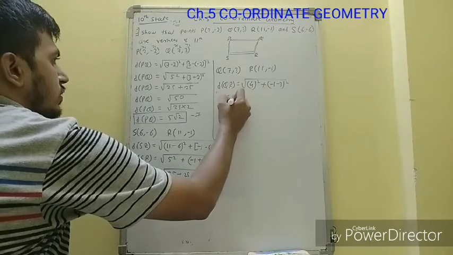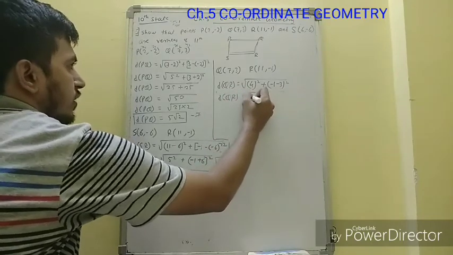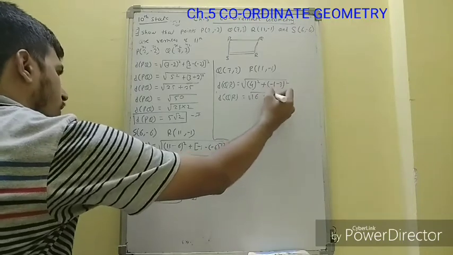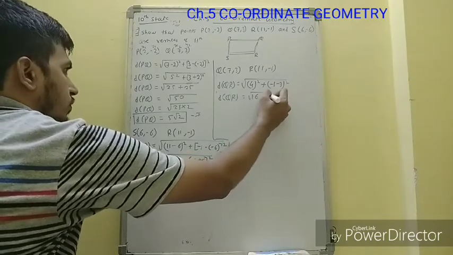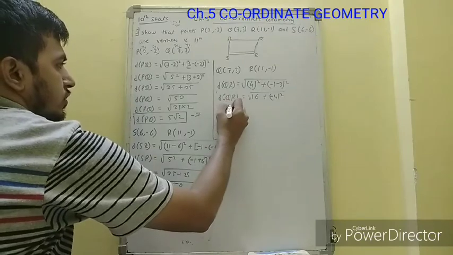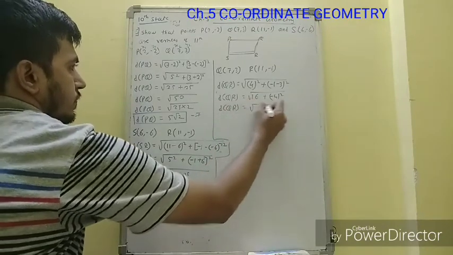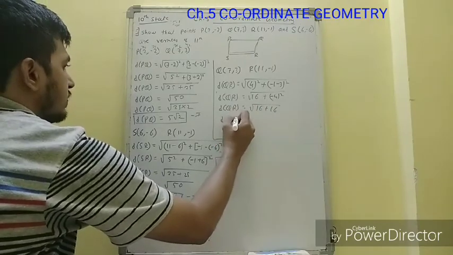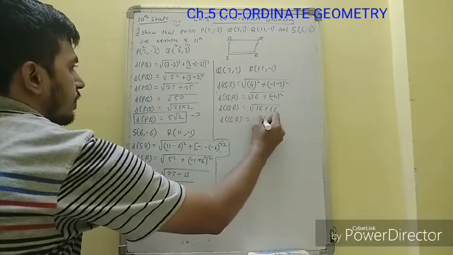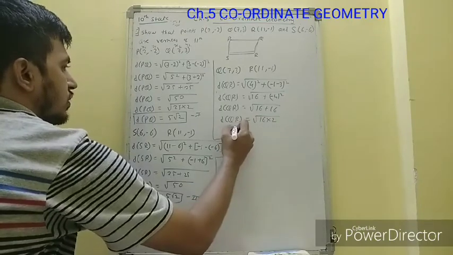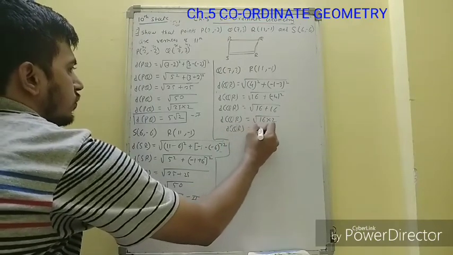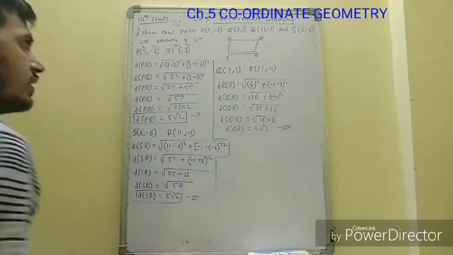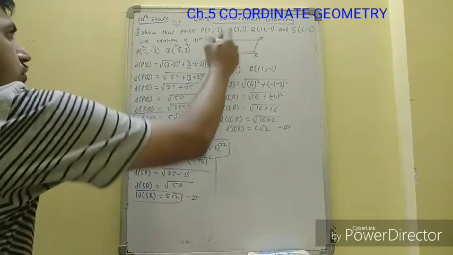So distance QR is equal to 4 squared is 16, and again, -1 minus 3 is -4, (-4) squared. So distance QR is the square root of 16 plus 16, which is 16 times 2. So distance QR is equal to 4 root 2. Okay, I will give this as number 3.